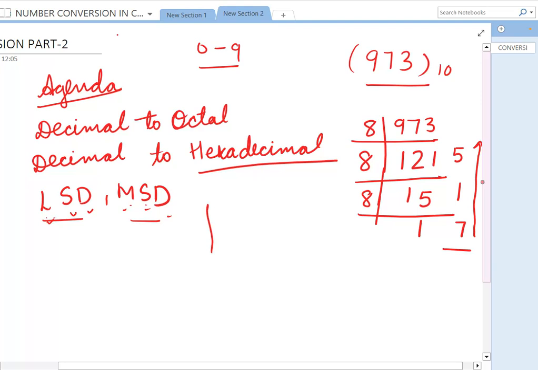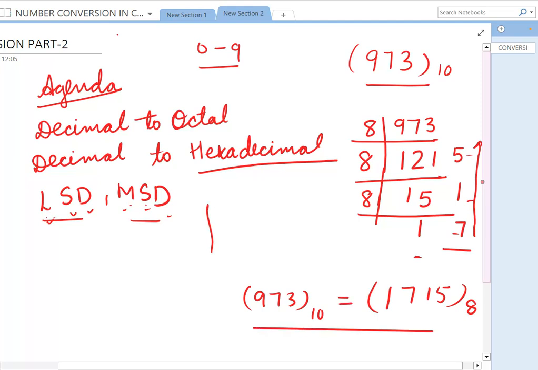So 1, then 7, then again this 1, this 5, and finally our octal result is ready. We had 973, a decimal number, and then we got the answer.